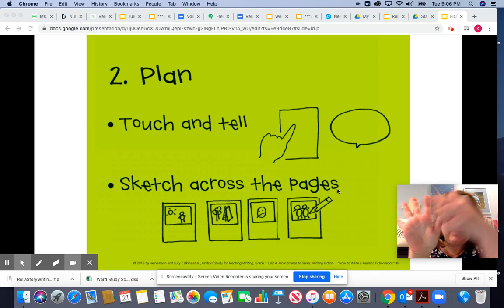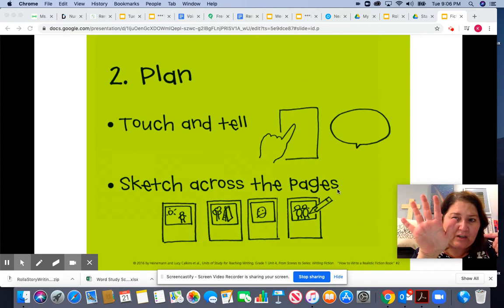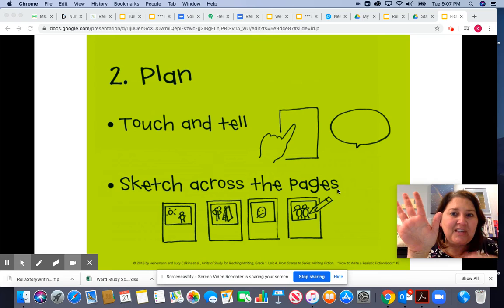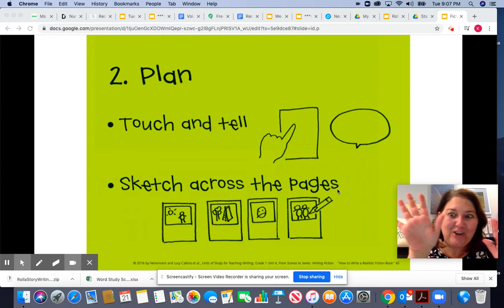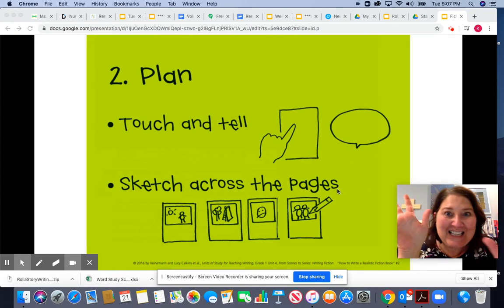So if I planned all 5 fingers, all 5 pages, then what I would do is I would go get 5 pieces of paper, okay, and I would do a quick sketch to help me remember my idea. Okay. Now remember, a quick sketch is pencil, stick figures. It's quick, it's simple. You're not getting out your crayons and coloring. All of that comes later at the end of your book. Okay. When you're doing your editing and you're prettying it up. Okay. So quick sketch at the beginning.